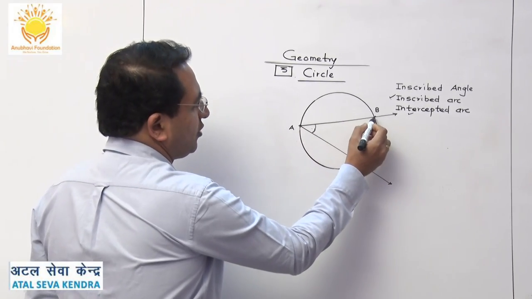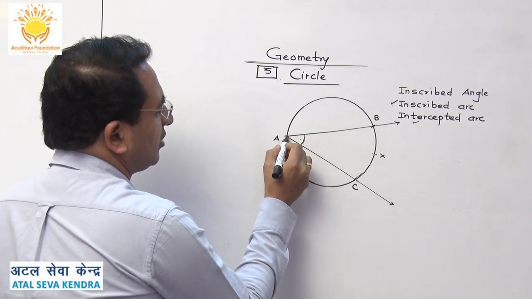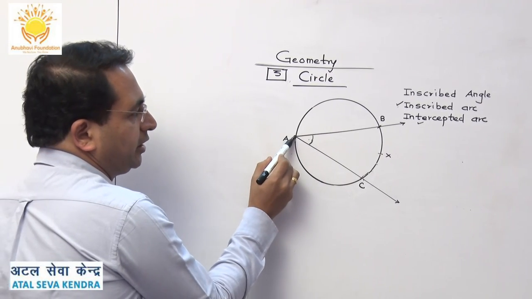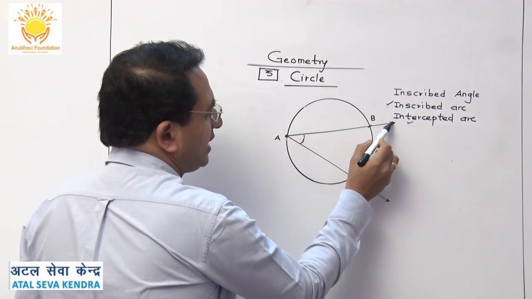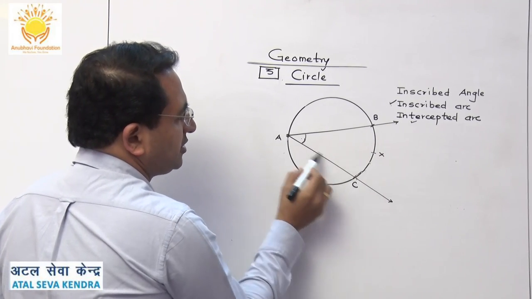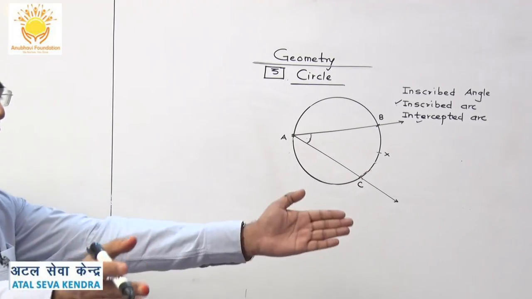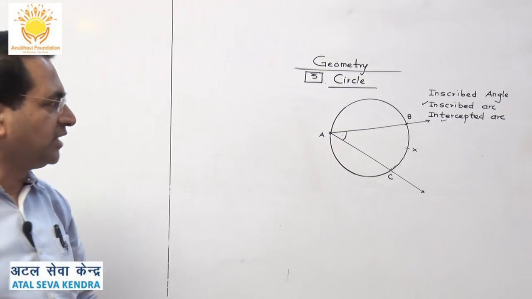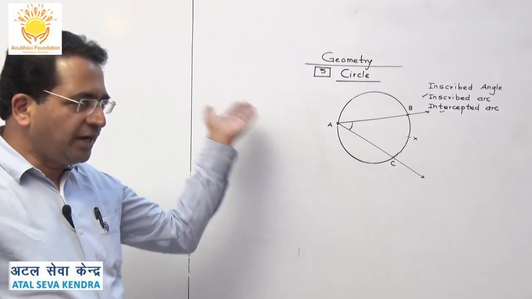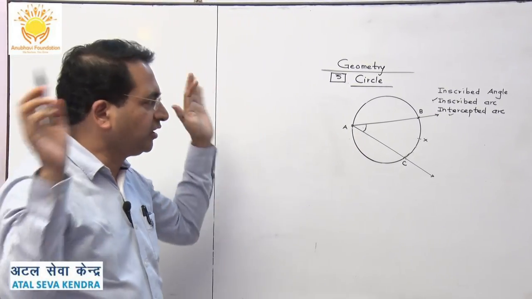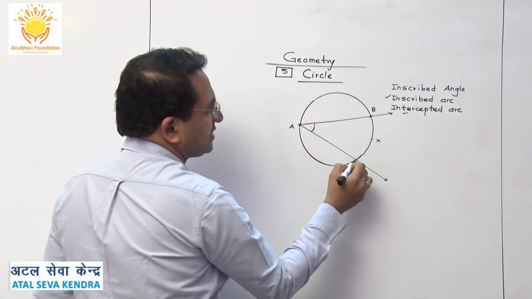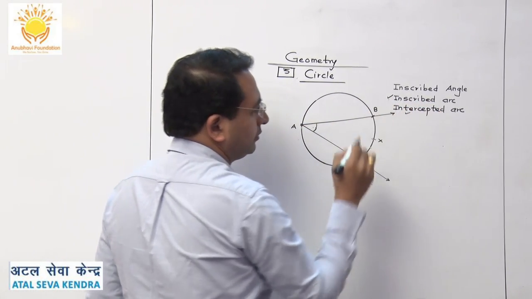What you have to do is consider the point on the circumference. If you are standing here, with two hands stretched like this, one is AB and the other is AC. What you observe in front of you is known as the intercepted arc, and what is behind you on the circumference, this remaining arc, is called the inscribed arc.